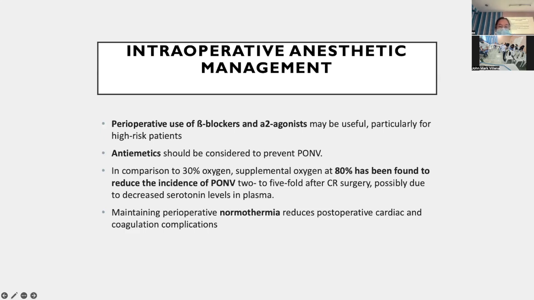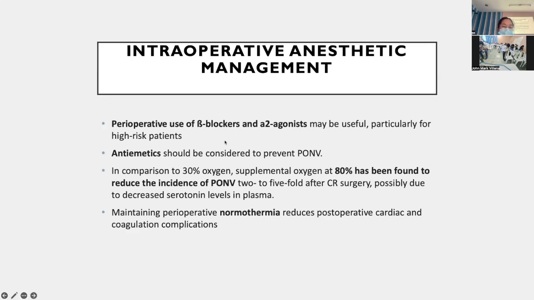Intraoperative anesthetic management. So the goal of perioperative anesthetic management for colorectal surgical patients is to minimize stress and immune responses, and maintain systemic and colonic blood flow and oxygenation.